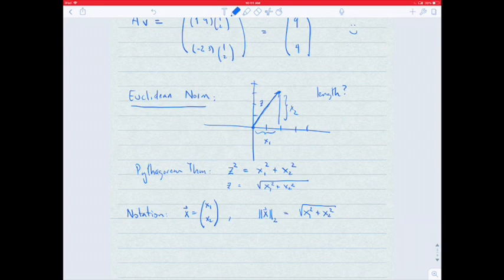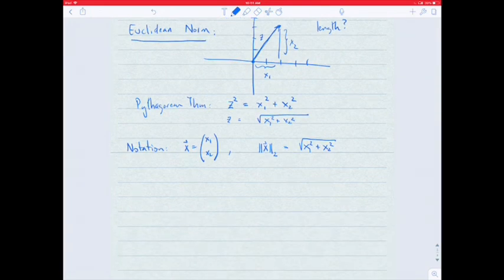We can also define this in more dimensions. So in 3D, if my vector x has 3 components, x1, x2, x3, then its Euclidean norm is the square root of x1 squared plus x2 squared plus x3 squared, and so on. And of course we can define it in n dimensions as well.